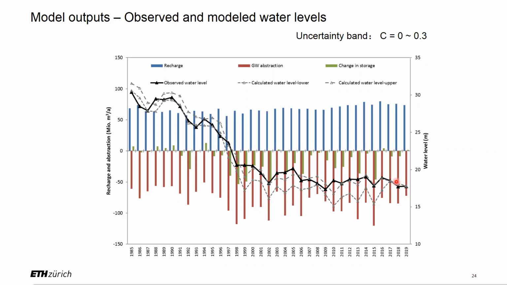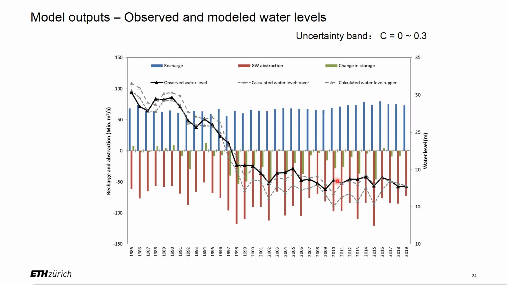If we look back into history, for the years after 2000, the observed water level is closer to the line that uses the C value as 0.3. This is reasonable because in recent years there is deep groundwater used.